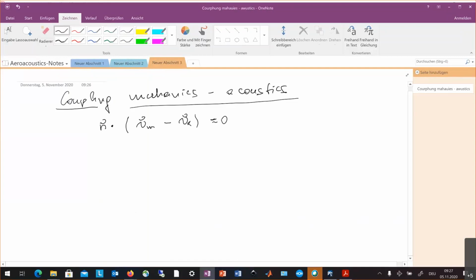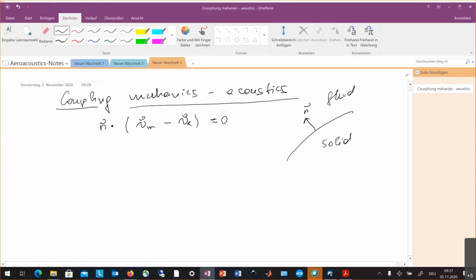So that means if you have here an interface, you have here the solid, you have here the fluid, let's say the normal vector is pointing out of the solid, and this interface would be the surface of the membrane.